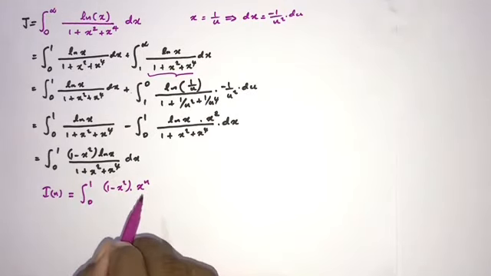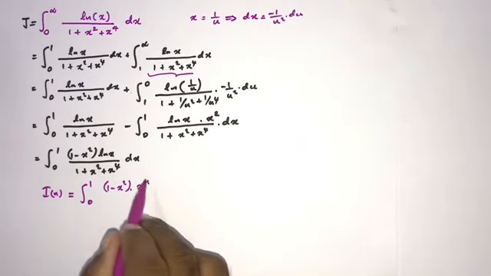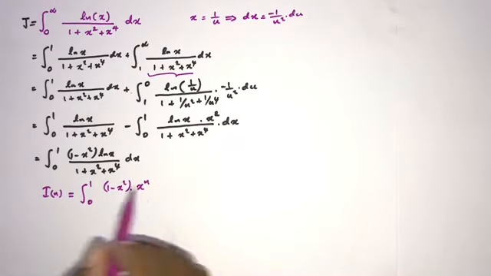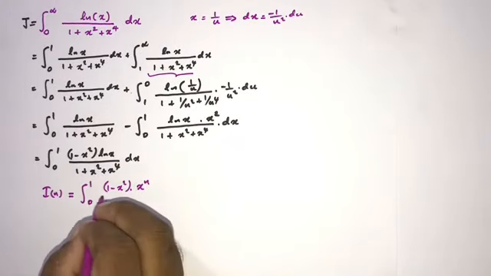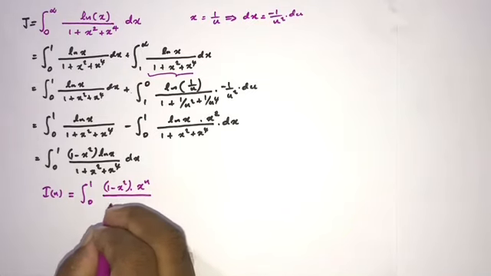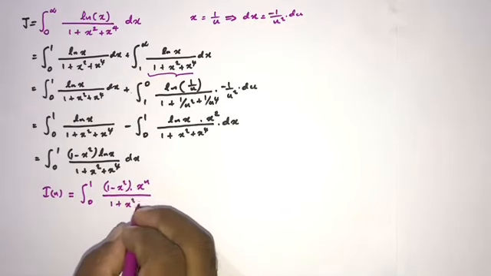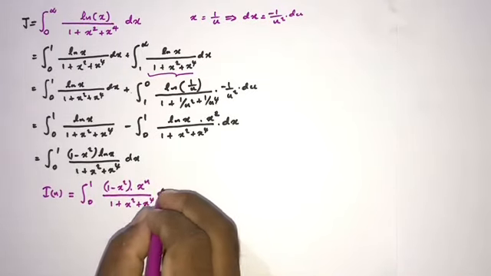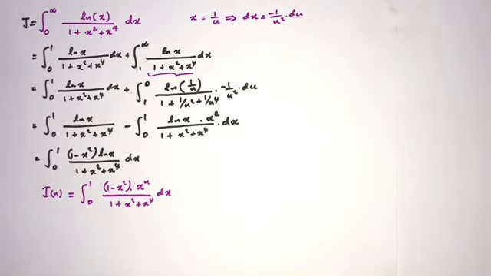Then if we plug in 0, x to the 0 power, we know this integral. So here also we have 1 plus x square plus x to the fourth power dx.